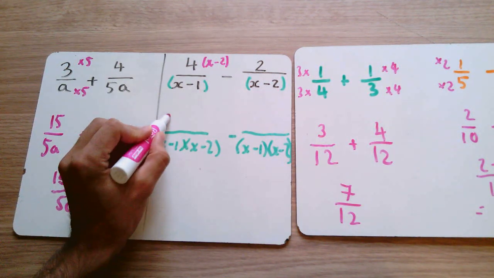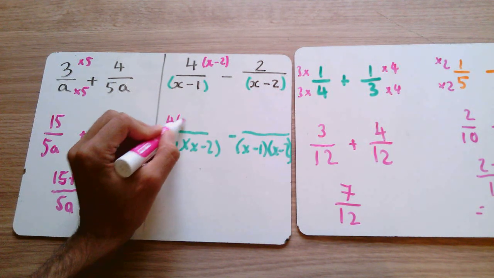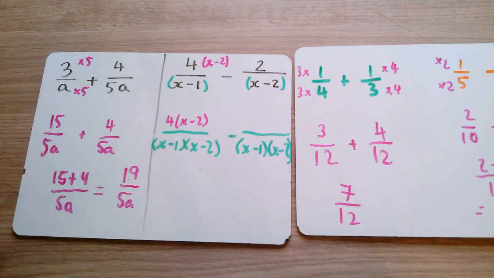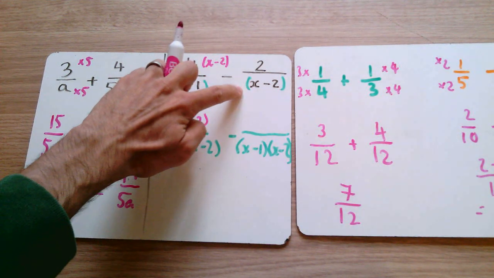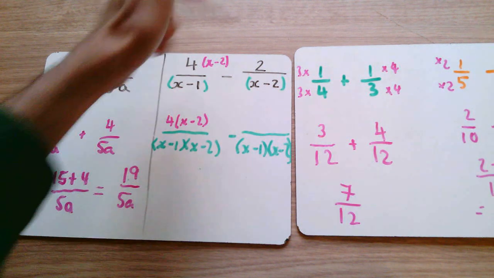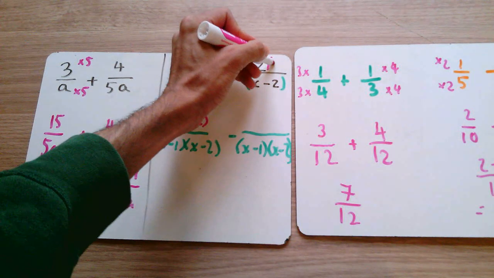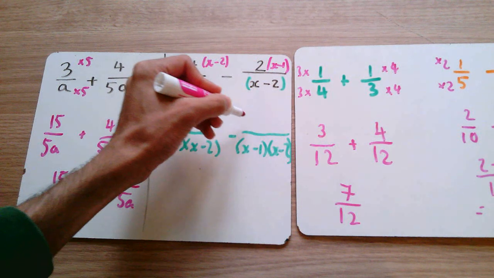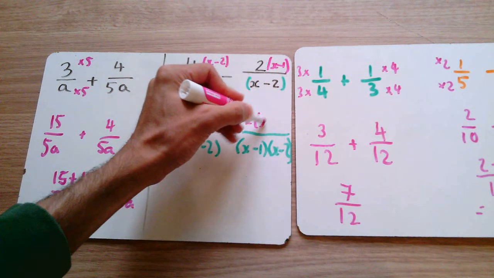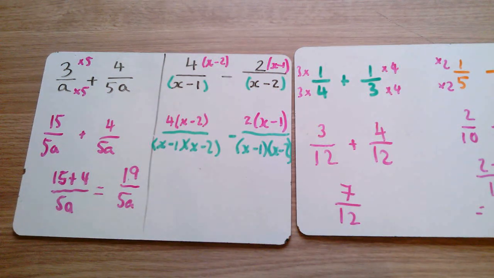So that gives me 4 brackets x minus 2. Then on the right-hand side, I've multiplied the denominator by x minus 1. So I'm going to get the same thing on the right-hand side, minus 2 brackets x minus 1.